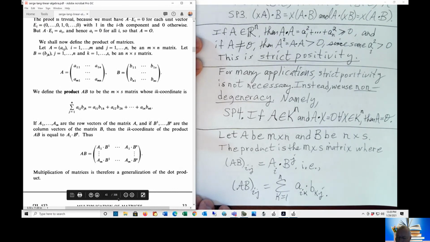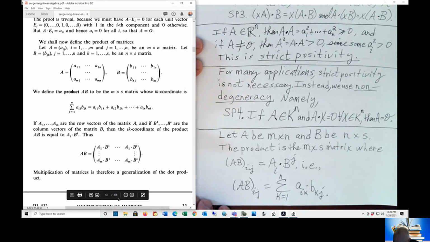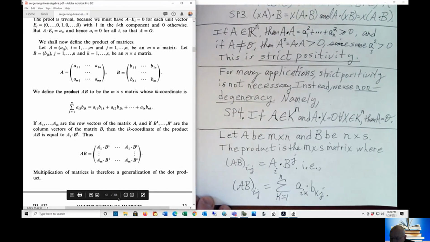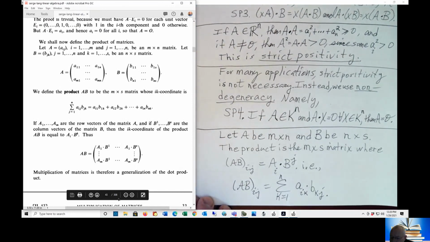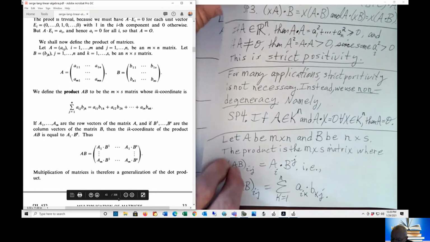Or, at the bottom of the page, you can write it as the summation, k goes from 1 to N, A sub ik times B sub kj. But more easily, it's just the ith row of A times the jth column of B.